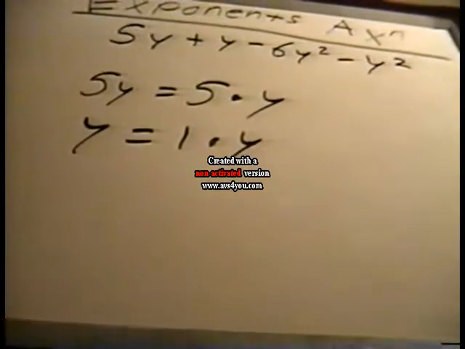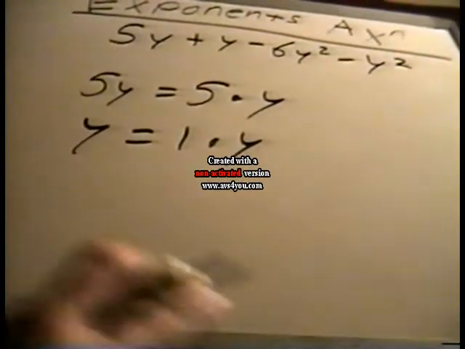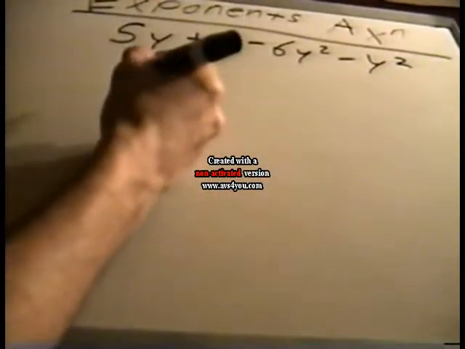You know, it's two different numbers. 3 and 9 are two different numbers. Just like x and x squared are different terms. You cannot add them.